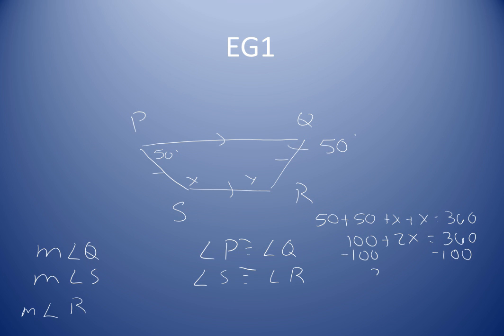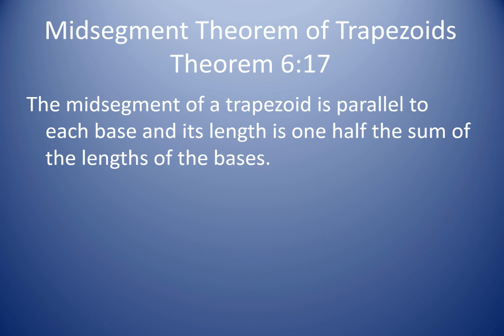We get 2x equals 260, x equals 130. So we know both of these angles, the measure of angle S and the measure of angle R, are 130. Right? One more example.